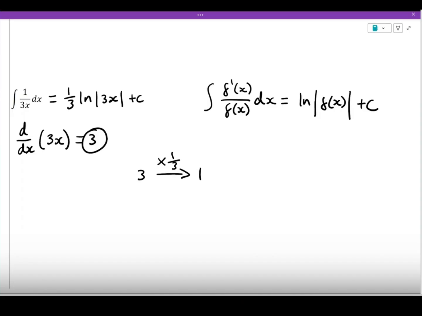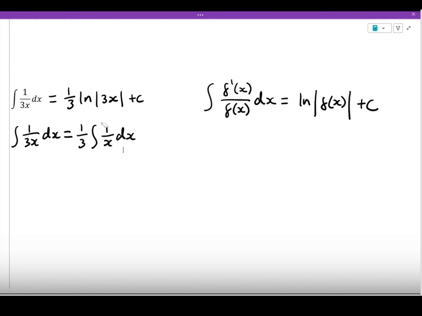However, I do want to think about another way we could have approached this question. I'm just going to take off this derivative, and my other way of approaching this is to start by factoring out 1/3. We can do this because 1/3 is a factor here. It's multiplying into the 1/x, so I would have 1/3 integral 1/x dx, like that. What I can do now is recognize that the integral I've been left with here is a standard integral that you need to know.